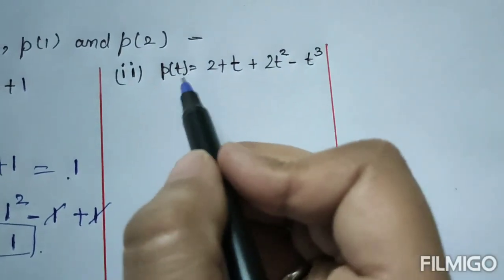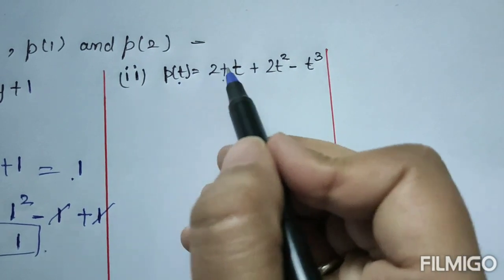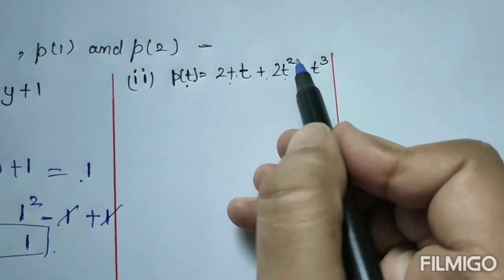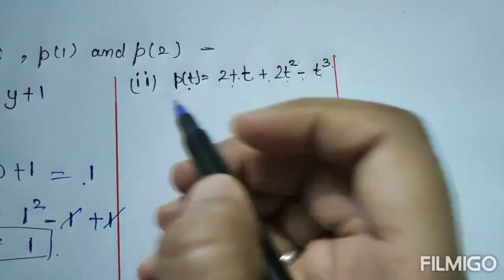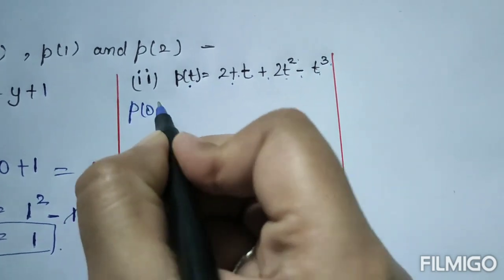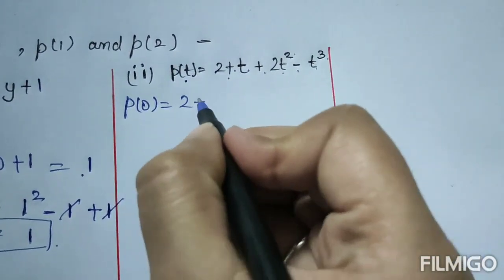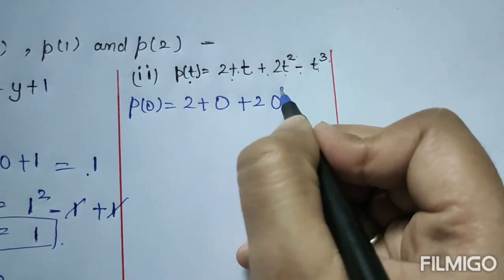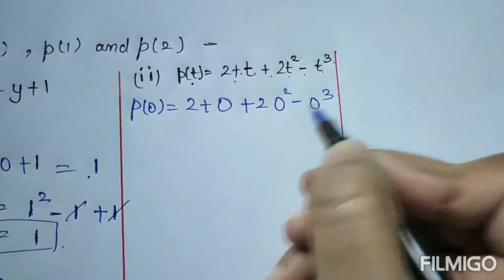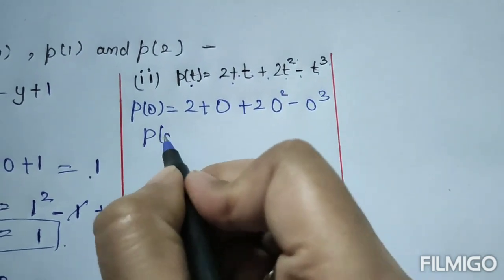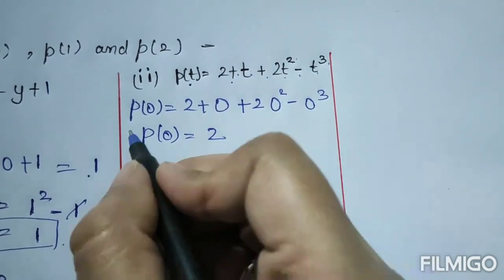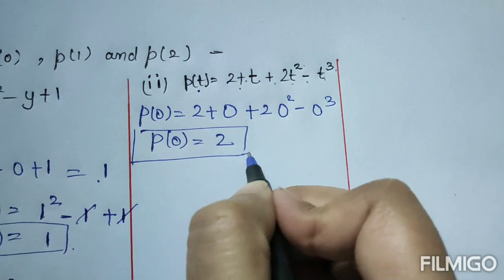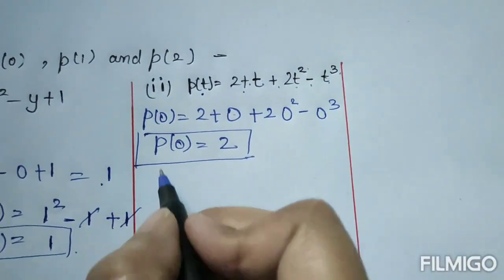So the next part is p of t equal to 2 plus t plus 2t square minus t cube. Now again you have to find p of 0 first. 2 plus t, put t equal to 0, plus 0 square minus 0 cube. So p of 0 is obviously only 2, the rest all becomes 0.